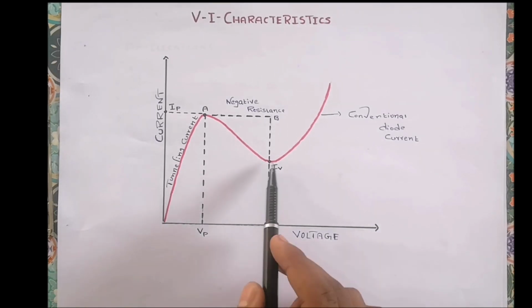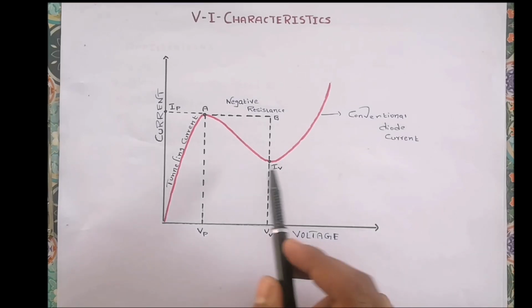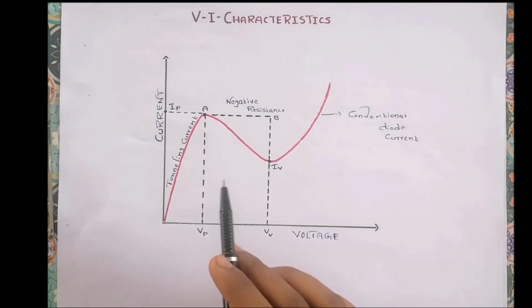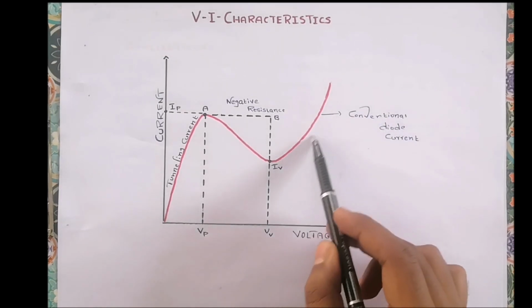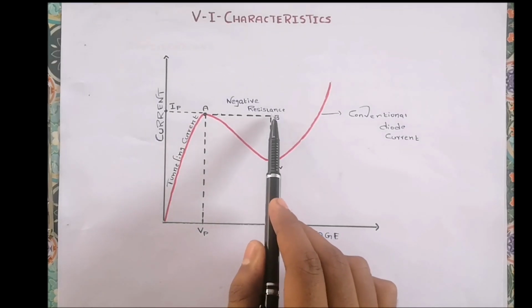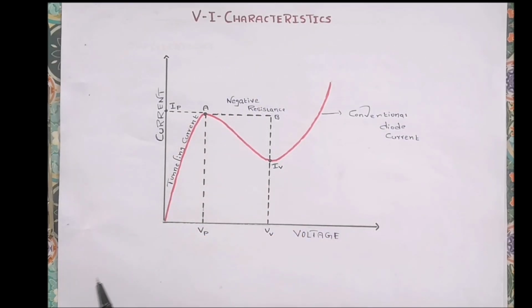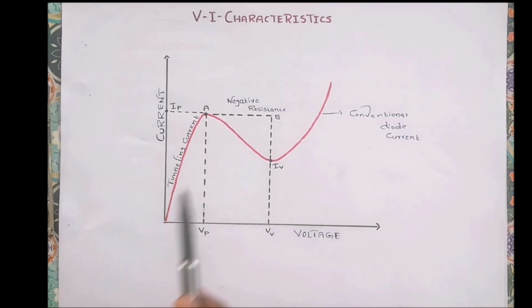And at this particular point, the conduction band of the n-type and valence band of the p-type no longer overlap. So when we keep increasing the voltage after this valley voltage, then the current starts increasing again as in an ordinary p-n junction diode. And here the region between point A and point B is called the negative resistance region. And in this negative resistance region, as we discussed earlier, current decreases with an increase in applied voltage.